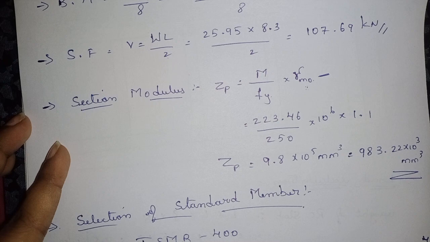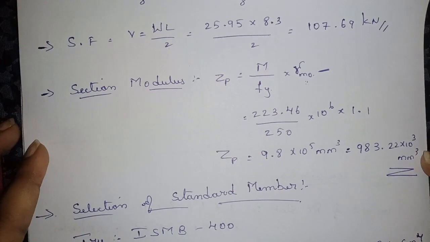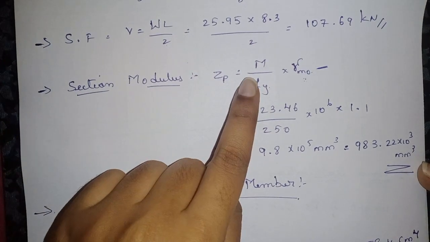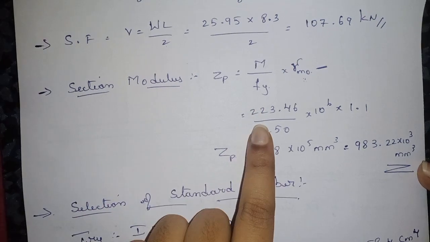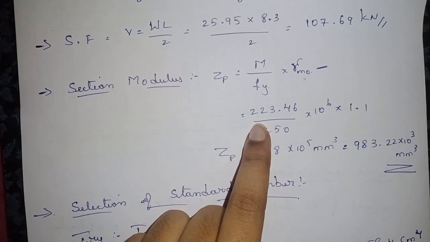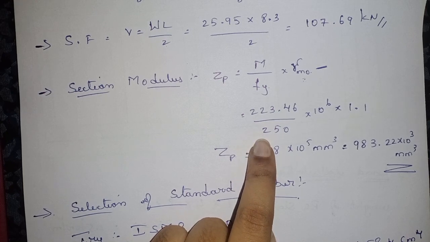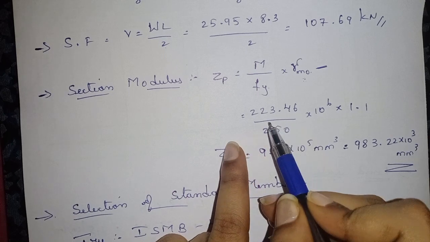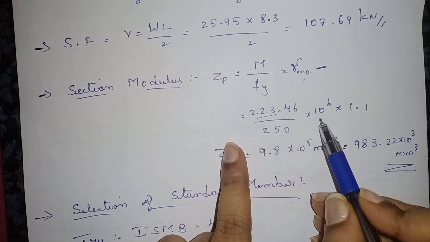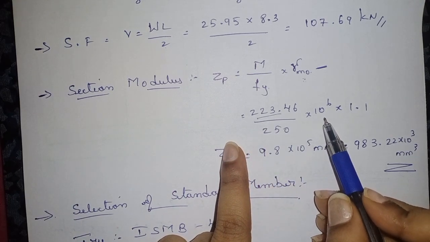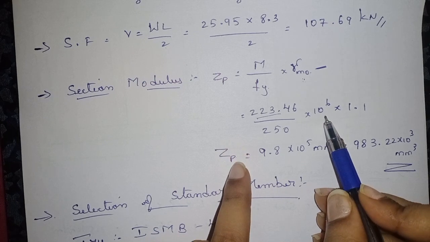We'll come across gamma m1 later, I'll tell you how it is. So now Fy. M is the moment, Fy is 250. This is an assumption; usually we'll take it as 250. The moment is in kilonewton meter, I need to convert into Newton mm, so into 10 raised to 6.